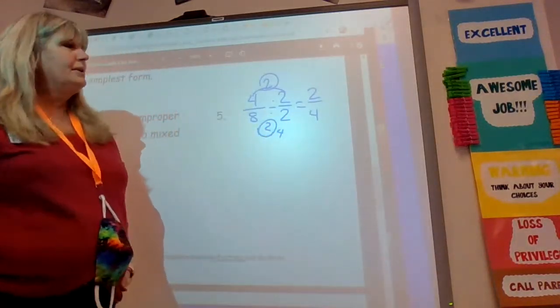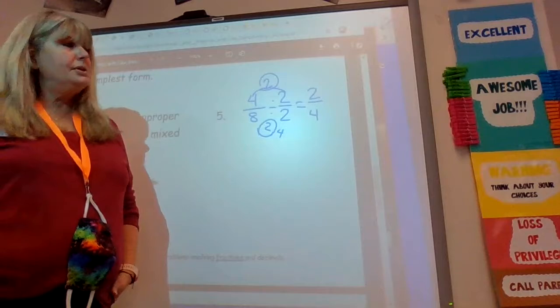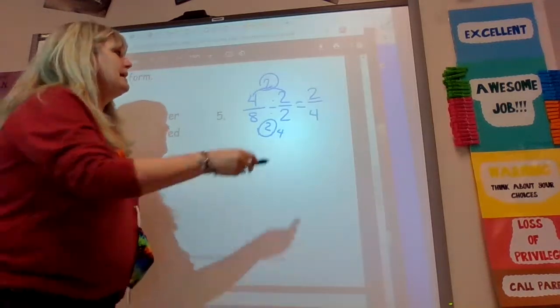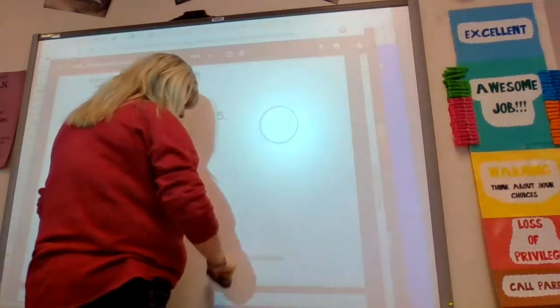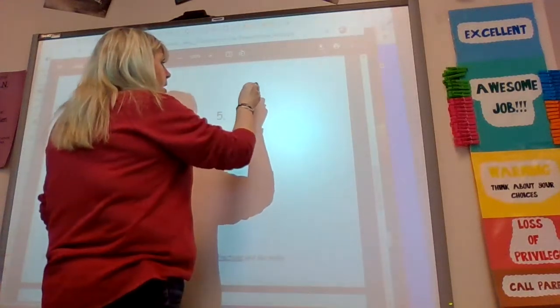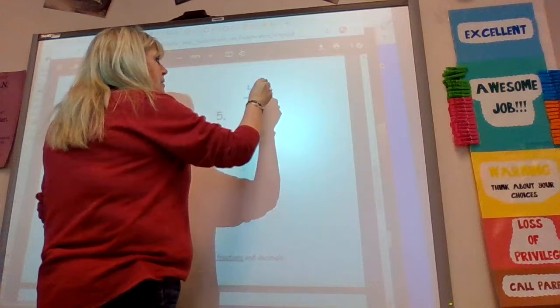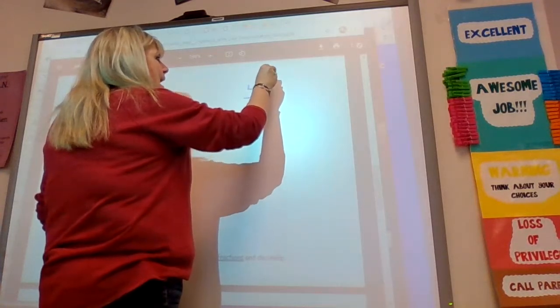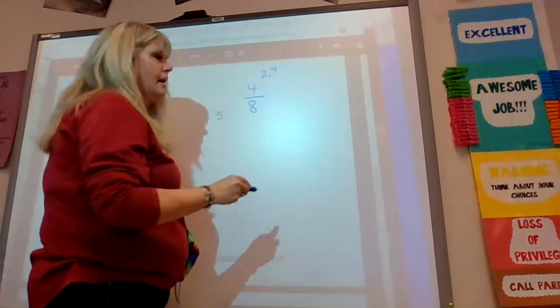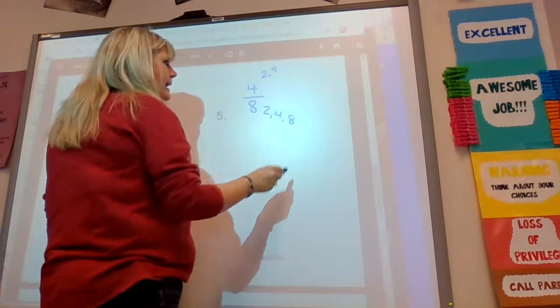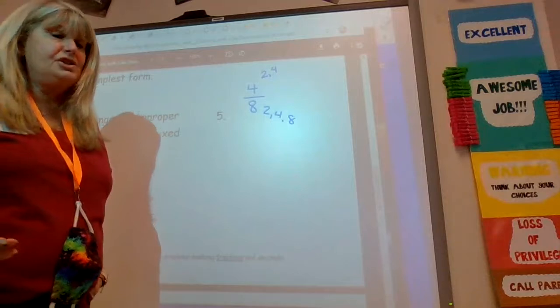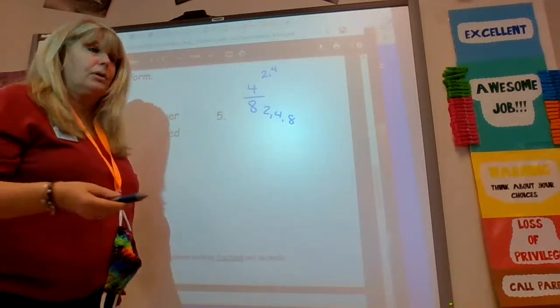Now, wait a minute. Is that in simplest form? No, it's not. Why? Because if I was going to do the multiples of 4 up here, and sometimes this is a common mistake, the multiples of 4 are 2 and 4, and the multiples of 8 are 2 and 4 and 8, and the largest one that they share is 4.